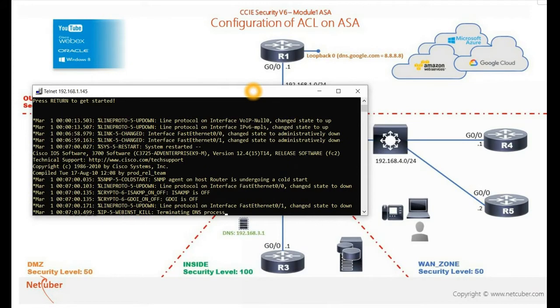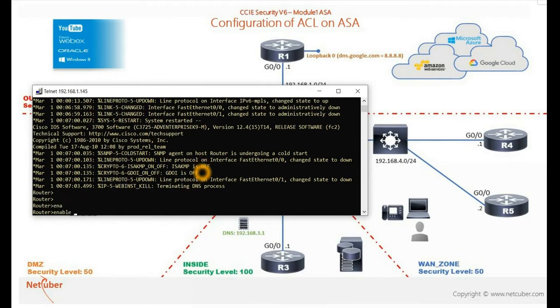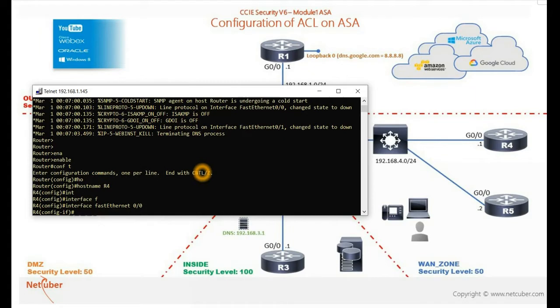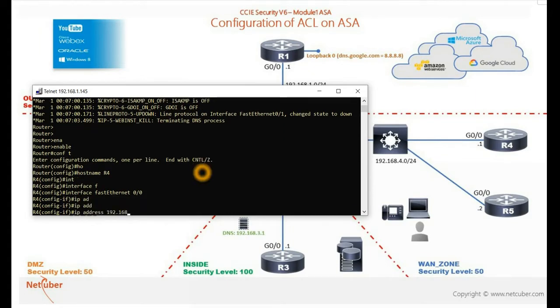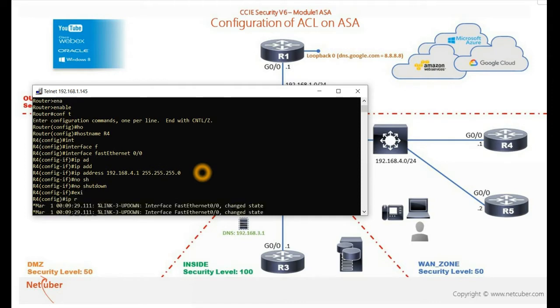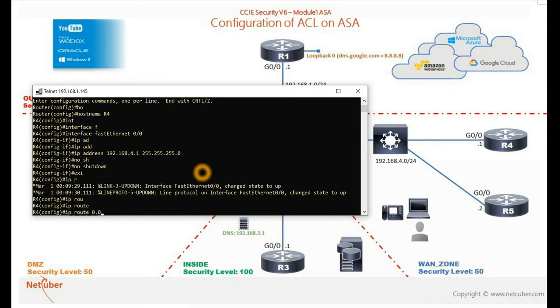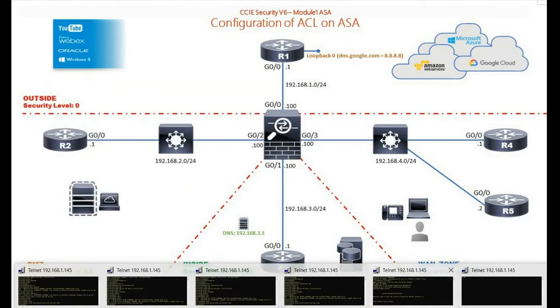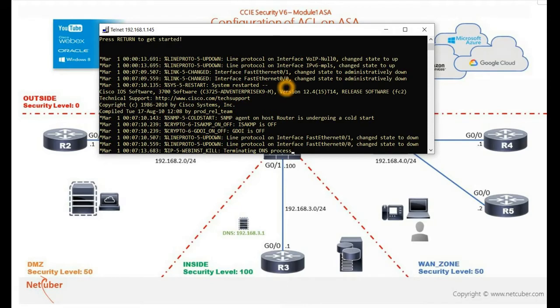Let's go to R4. Hostname R4. Interface FastEthernet 0/0, 192.168.4.1. Now R5.